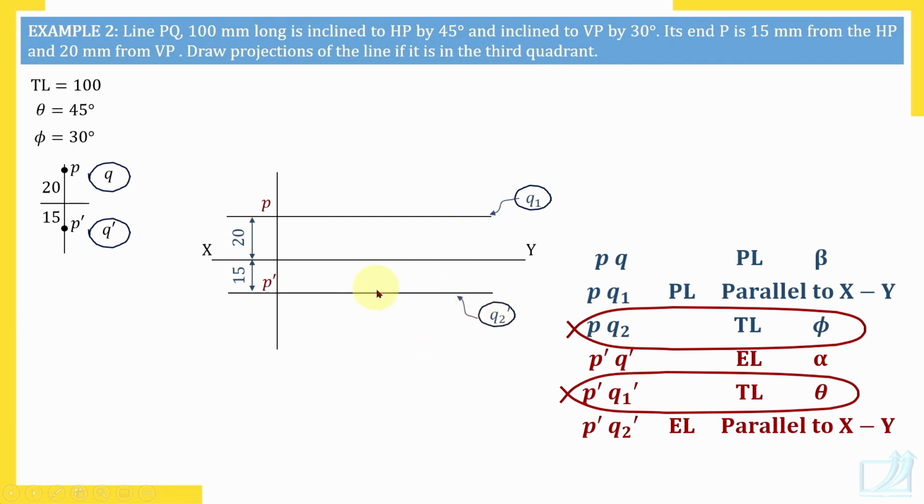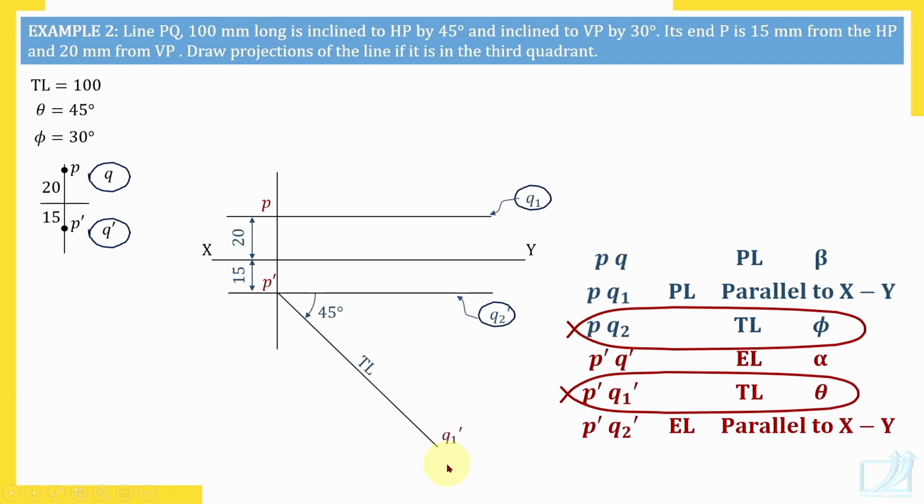Okay, now through point P dash, I am going to draw P dash Q1 dash because I know the true length and I know theta. What is theta? 45 degrees. So I measured 45 degrees. So this is the true length. Don't make this line dark. You know that only PQ and P dash Q dash, these 2 lines you are going to draw dark.